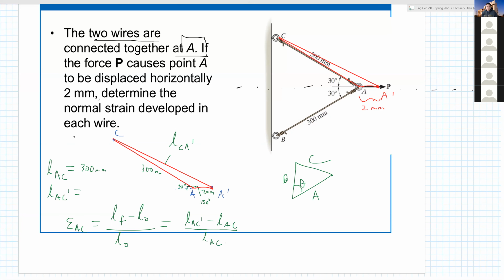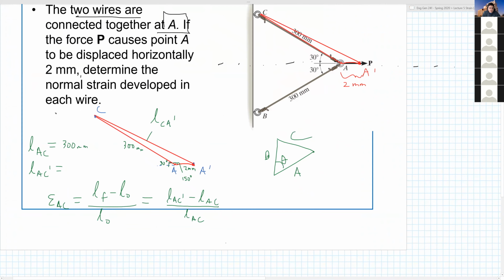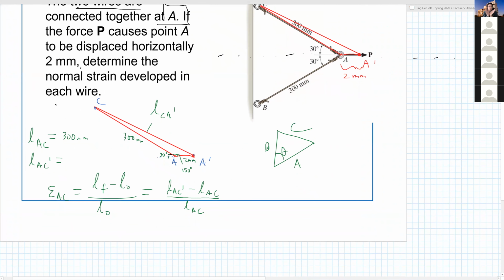Okay. Law of cosine says if I know two legs, I can get the third leg if I know the angle between the first two legs, all right? So I know leg one is 300 millimeters. I know the other leg is 2 millimeters, and the angle between them is 150. So let me write down law of cosine. C squared is equal to A squared plus B squared minus 2AB cosine theta.